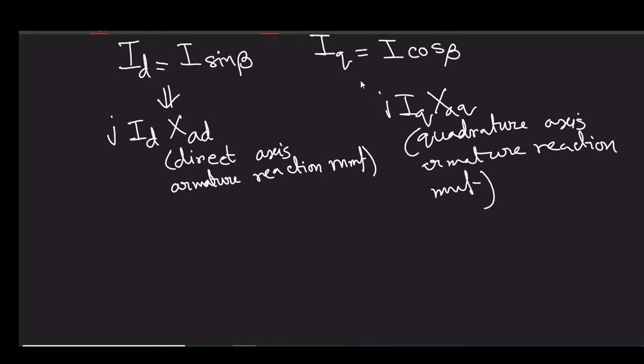Now see that these two fluxes, interestingly, are just like JIAXAS, armature reaction reactance. They do not include the leakage part.